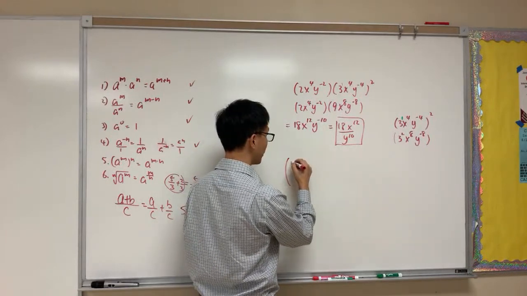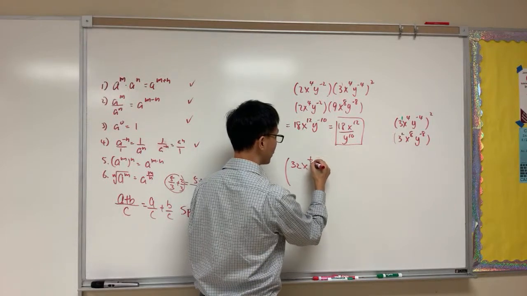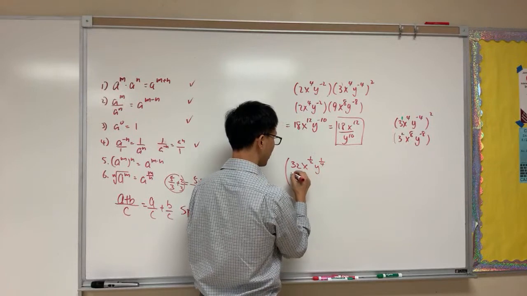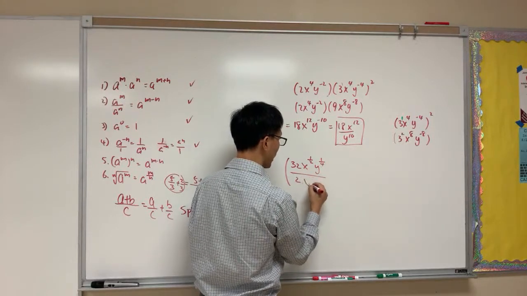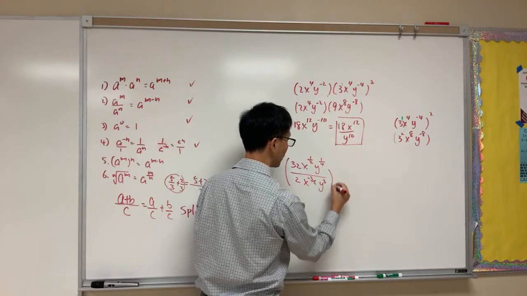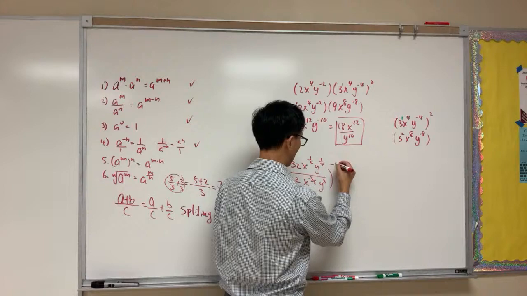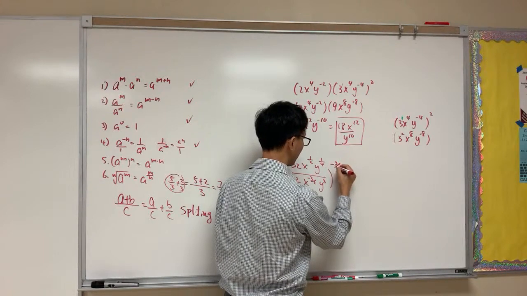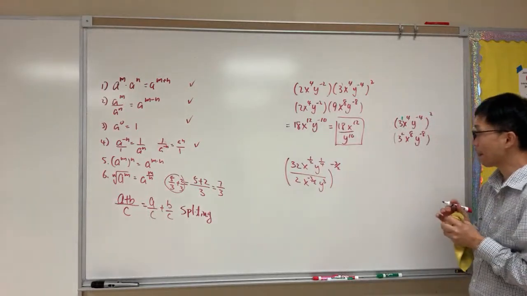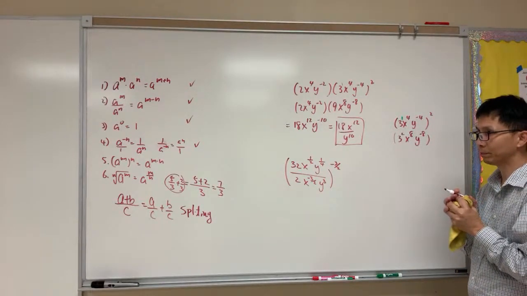So we're going to say 32, x to the 1 over 2, y to the 1 over 4, and we're going to divide it by 2, x to the negative 3 over 2, y to the 3, all over to the negative 3 over 2 power. Okay, so this looks like a very ugly problem.